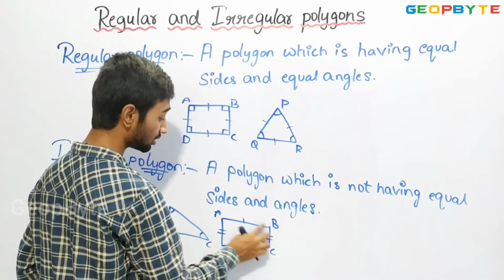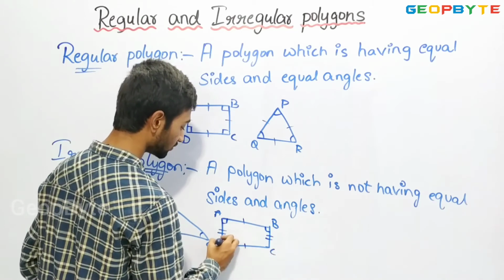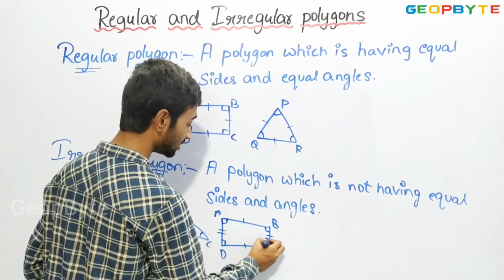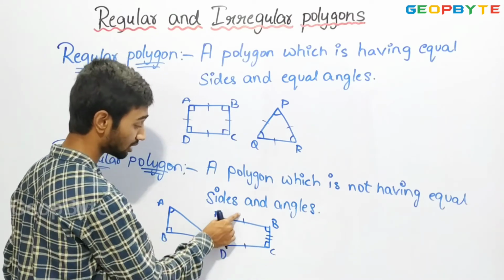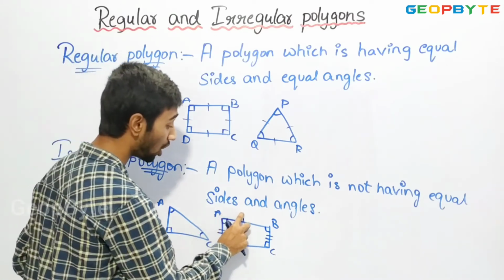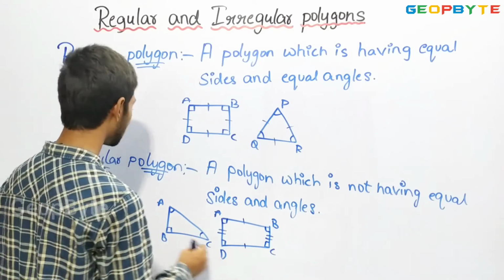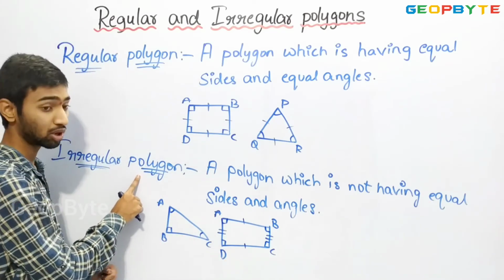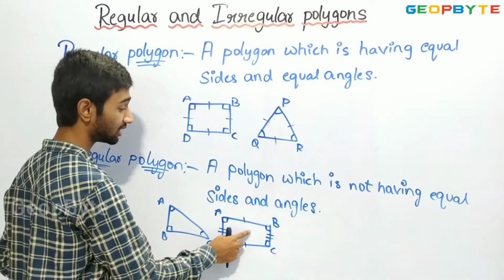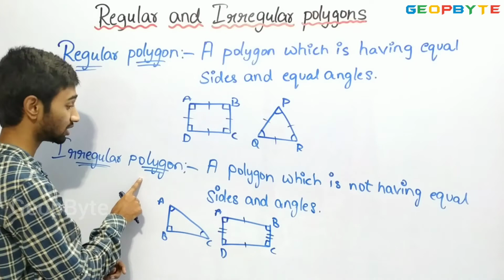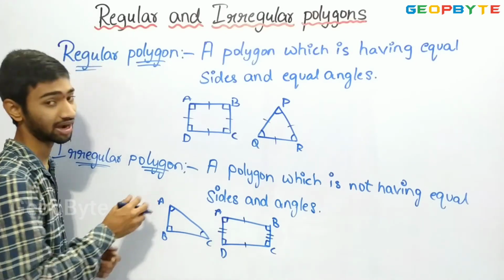So opposite sides are equal and the angles of each corner will be equal. Here angles are equal and opposite sides are equal. But all the sides are not equal. So that's why rectangle is also an irregular polygon. Therefore, a right angle triangle and a rectangle are the examples of irregular polygons because they do not have equal sides and angles.